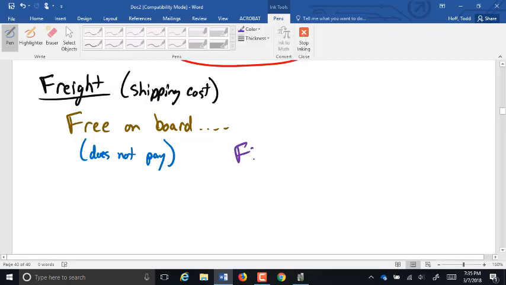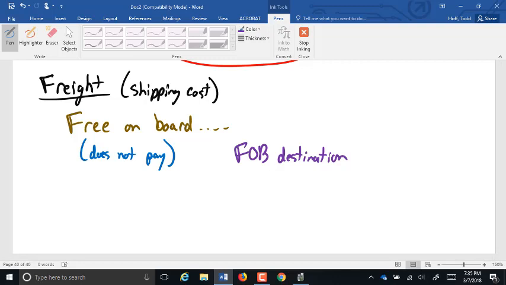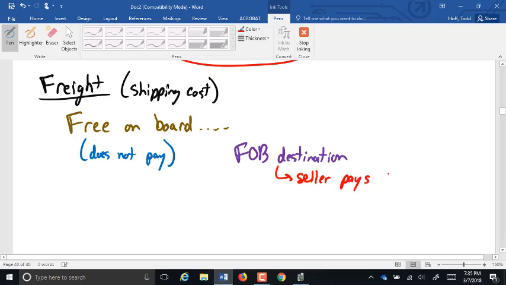So if it is FOB, free on board, destination, who's at the destination, the buyer or the seller? Well, it gets shipped to the buyer, right? So the destination is the buyer. It is free at the buyer. That means the seller pays the freight.